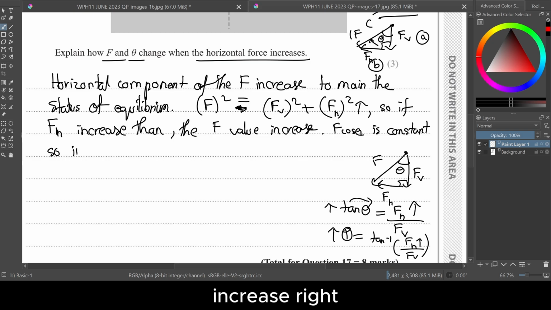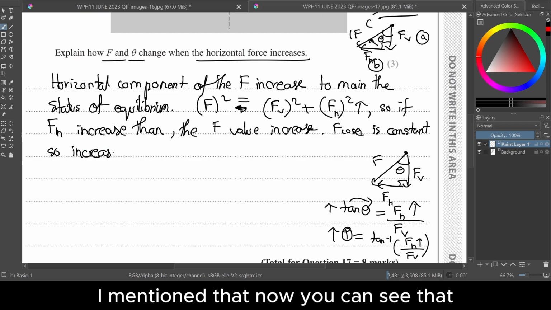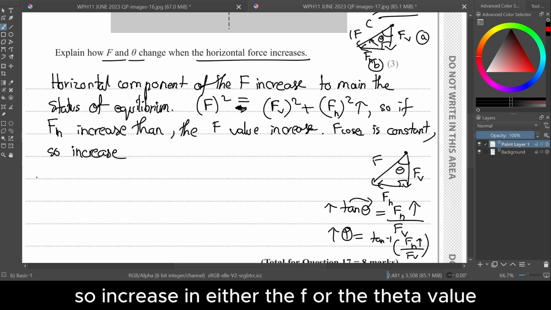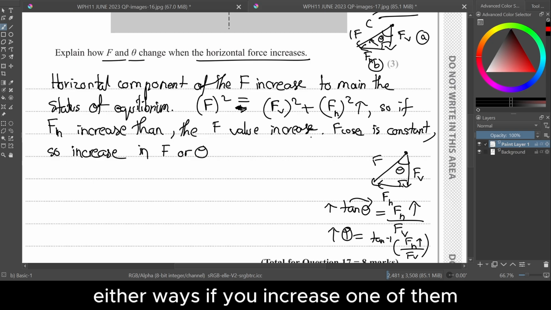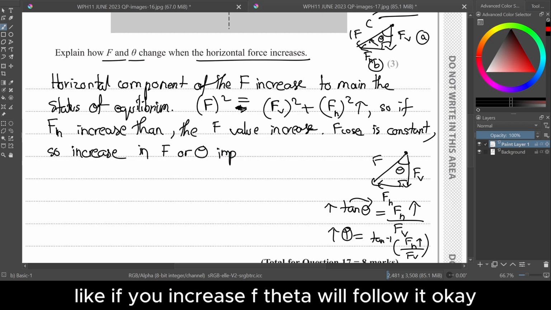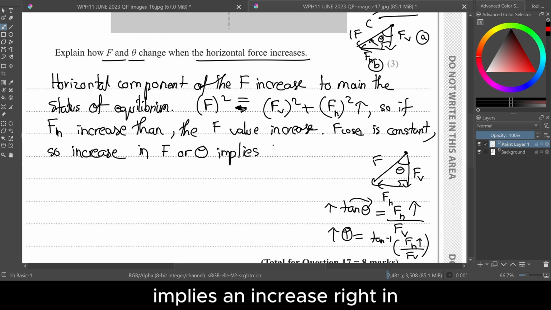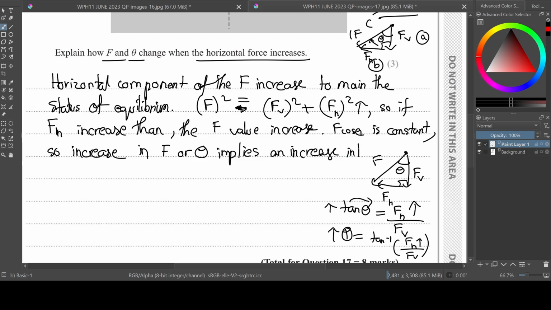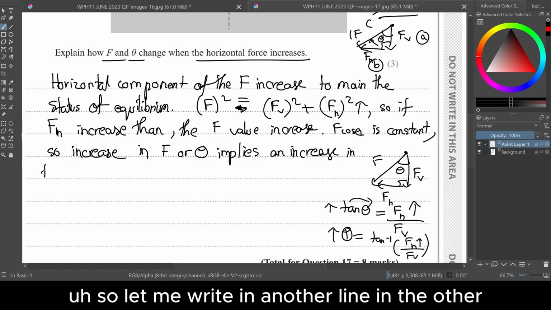Now you can say an increase in either the F or the theta value. Either way, if you increase one of them, the other will follow it. Like if you increase F, theta will follow it. Okay, implies an increase, right? Let me write it in another line.